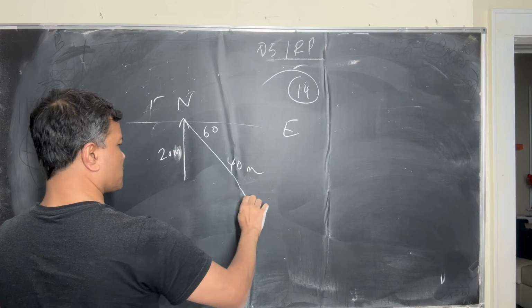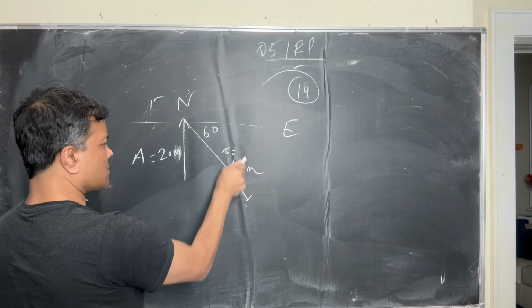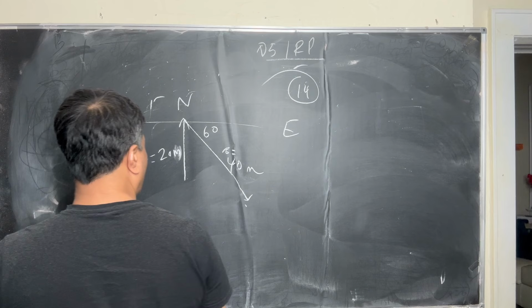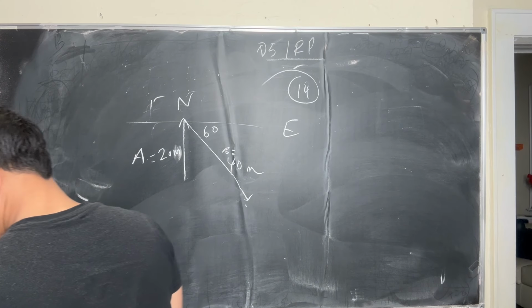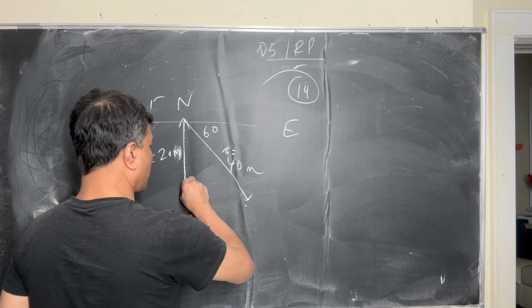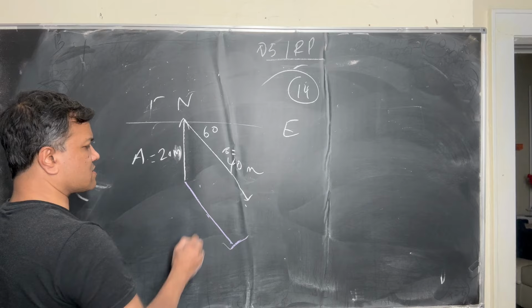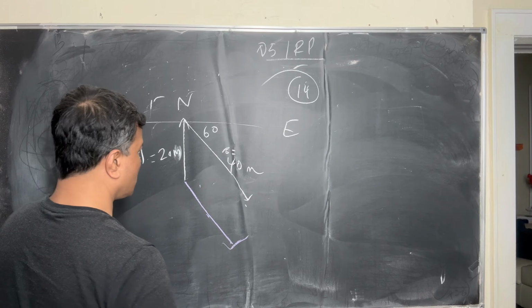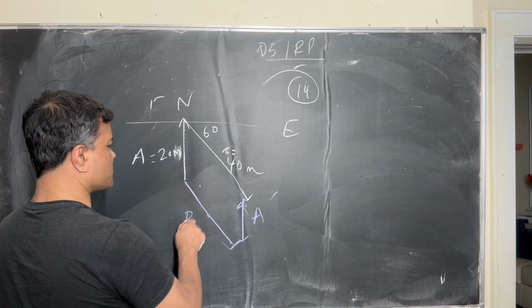So this is vector A, and this is vector B. So what is A prime or B prime? Let's draw B prime. This one would be B prime. If you have the x-axis over here, this is 60 northeast. And this is your A prime, this is your B prime.